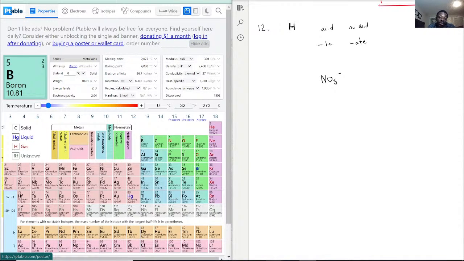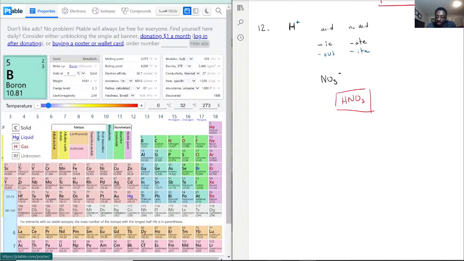As I mentioned, for nitric acid you need at least one hydrogen because they come in pluses, just like 1 plus. So to balance this out, you have 1 plus and 1 minus. So nitric acid is just HNO3. Now, I was able to just say that because I've gotten quite familiar with these types of molecules, but there's also nitrous acid, which is NO2, and instead of -ate, that's nitrite.